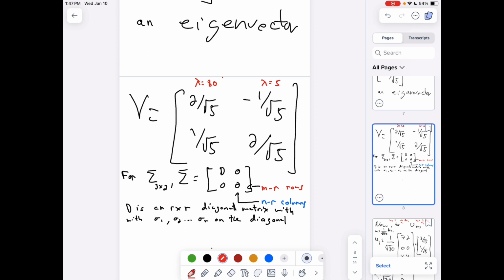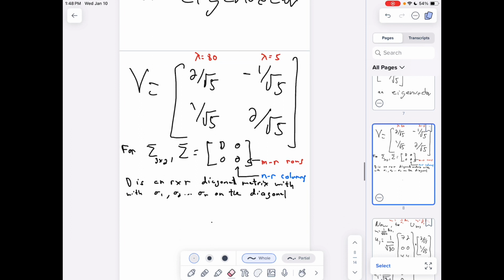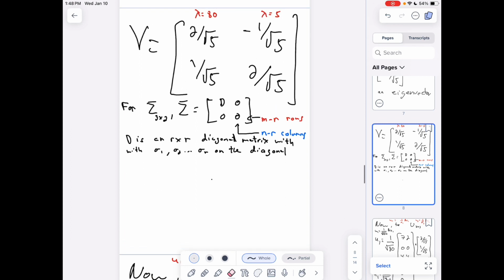So I'm going to put the largest eigenvalue, which is 80, and under lambda equals 80, the column here is going to consist of the eigenvector or vectors that you get from 80, which is those two. And the same thing for lambda equals 5, but it's important that you put these in order from largest to smallest. So that's what V consists of.